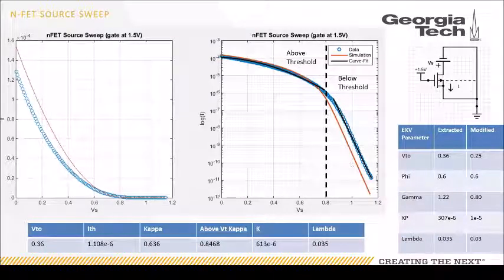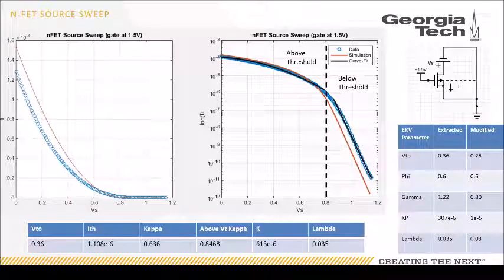Again, we plug our parameters into the schematic and do the source sweep. This time, since the model isn't changing, similarly to our gate sweep data, we have some offset in the below threshold region.